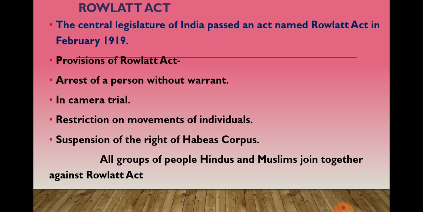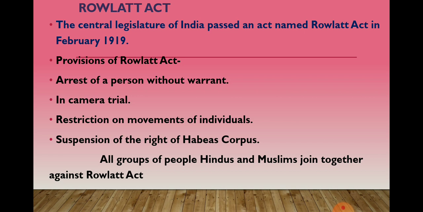The third one is a restriction on the movements of individuals. As per this provision, the freedom of movement of the freedom fighters was restricted. They were not allowed to leave the city or a particular state.